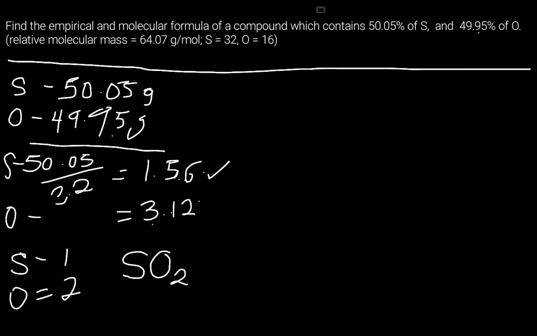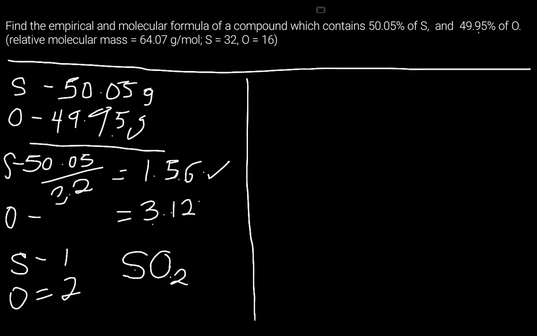Very simple. Now we want to solve for the molecular formula, so we first compute the empirical weight. Sulfur is 32 and we have 1, and oxygen is 16 and we have 2.